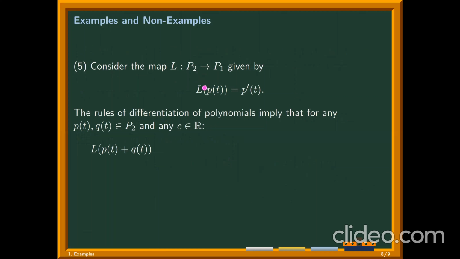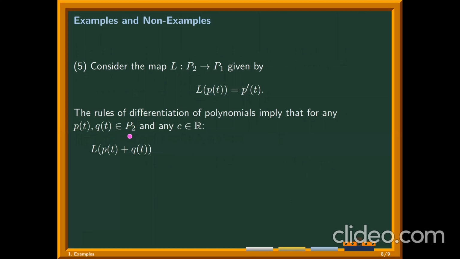Consider the vector spaces P2 and P1. Consider the map L from P2 to P1 given by differentiation. L of P is the derivative of P with respect to T. We can check that L is a linear transformation from P2 into P1 using the rules of differentiation of polynomials.